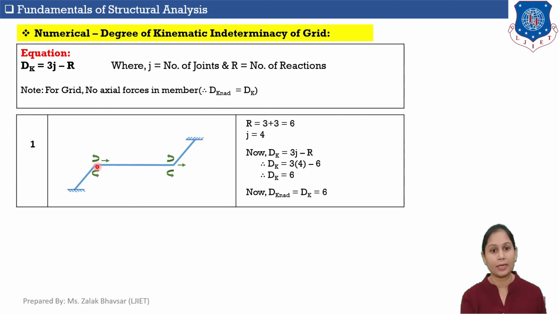So total 6 displacements are possible in the given grid, which is equal to the answer we calculated from the equation. So our answer is correct. And in case of grid structures, dk/NAD is equal to dk. So we can say that dk/NAD is equal to dk is equal to 6 as we calculated.